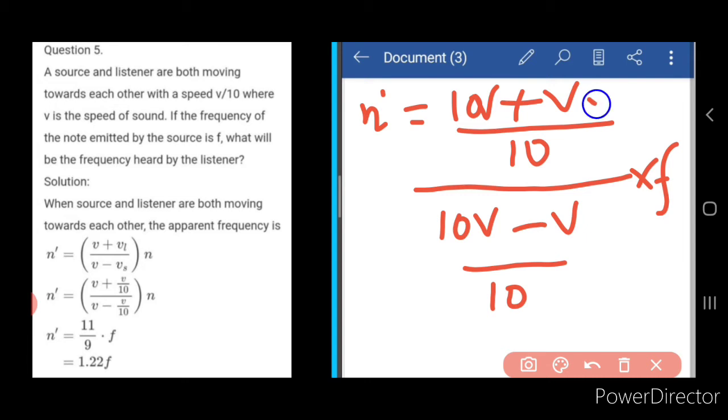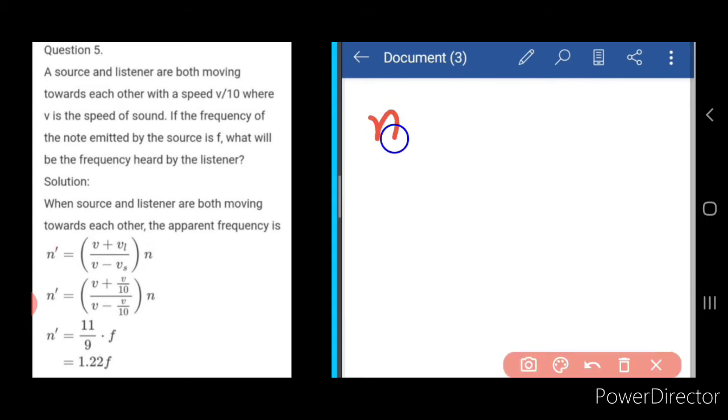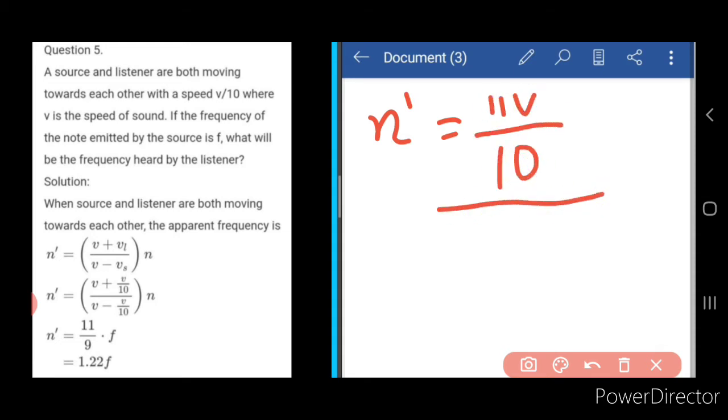So here you will get 11v divided by 10 and here it is 9v divided by 10. So n dash is equal to 11v divided by 10 divided by 9v divided by 10 into f. Now we'll bring this division form into multiplication form.